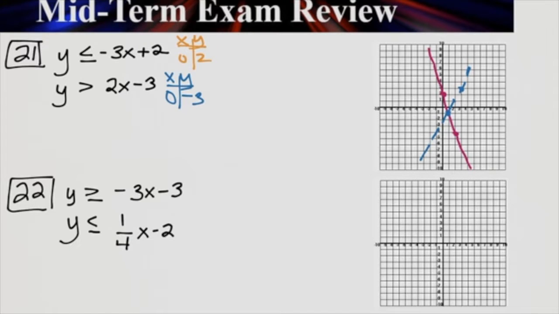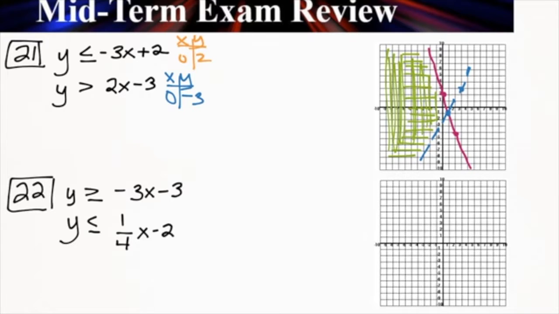So I'm going to stop right here because that's actually the intersection point between both of them, okay? The first equation is less than, that was the pink line, and the second equation is greater than, that is the blue line. So that would be my answer.